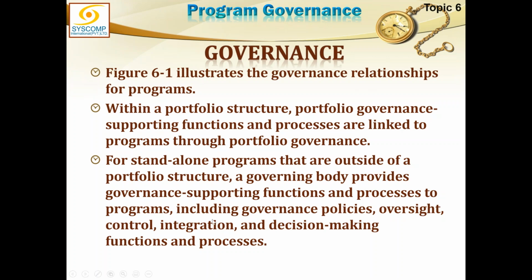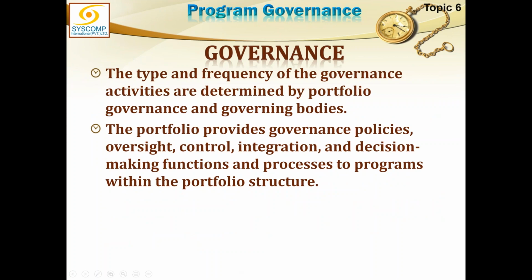So all the functions and processes related to these things are within the program purview, and this is given to us as a program governance structure. The type and frequency of the governance activities are determined by the portfolio governance and governing body, because the standalone programs and standalone projects are under the portfolio.